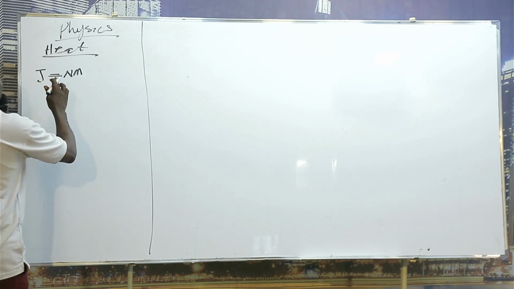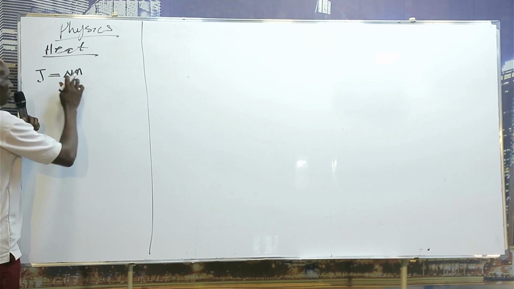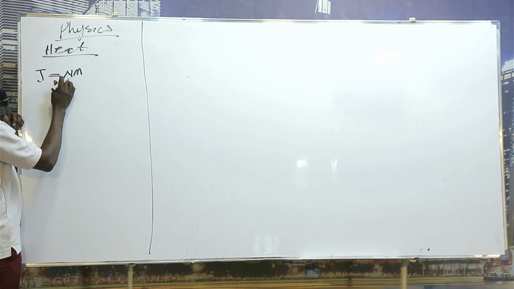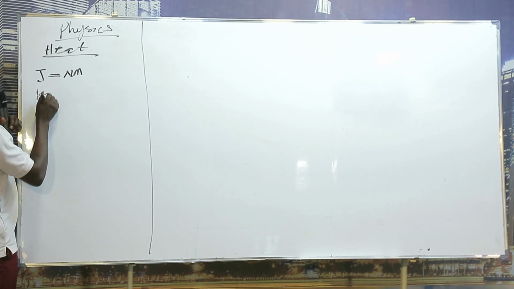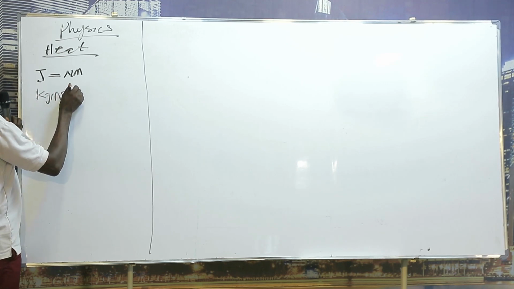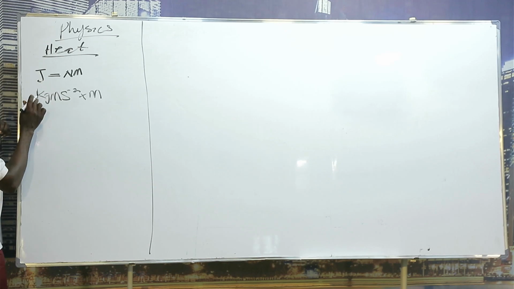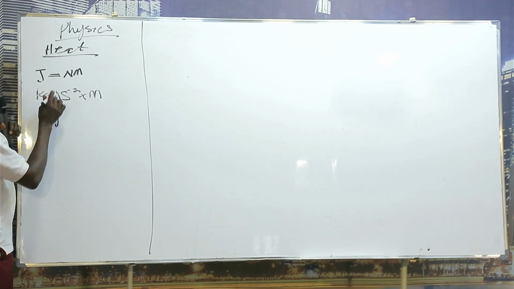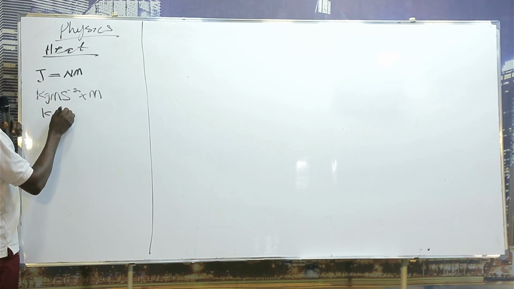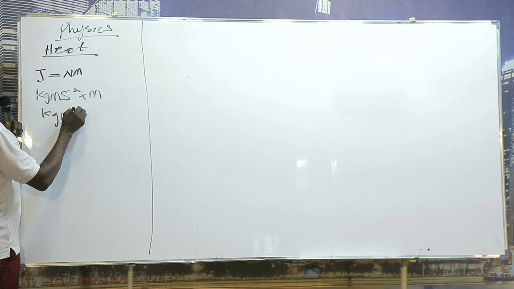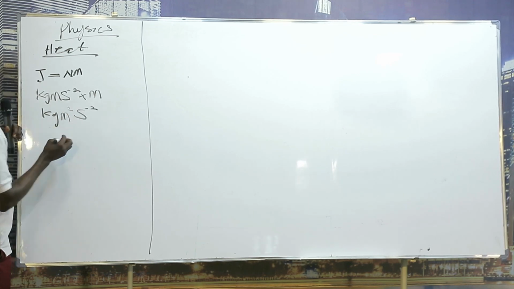Force is kilogram meter per second square, and you multiply it by meter. Kilogram, and meter times meter is meter square, seconds raised to power minus 2.